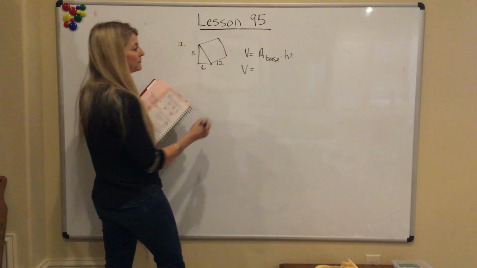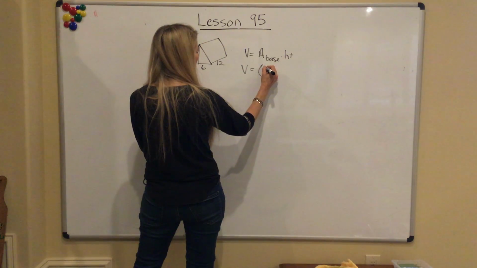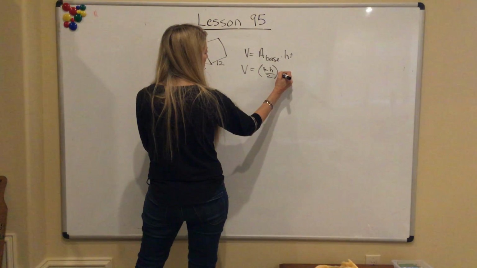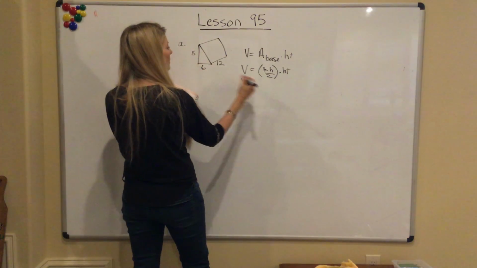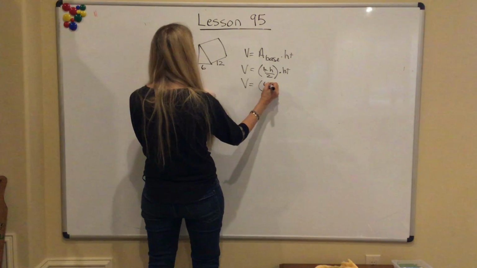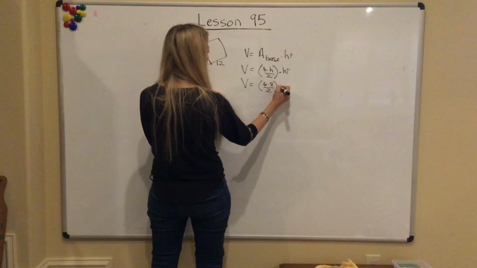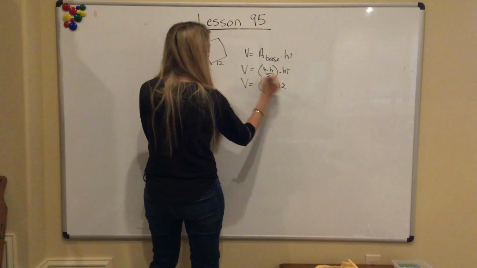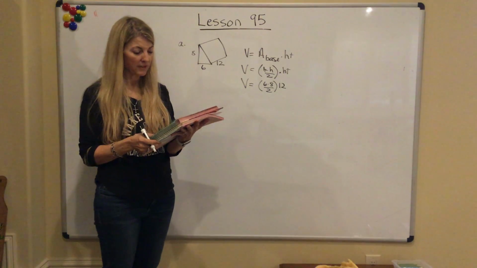What is the base in this figure? It's a triangle. So the way that you would do that, you would first go base times height divided by 2 multiplied times the height. So the volume is going to equal the base, which is 6, the height is 8, divided by 2, and all that multiplied by 12, which would be the height of the whole figure.